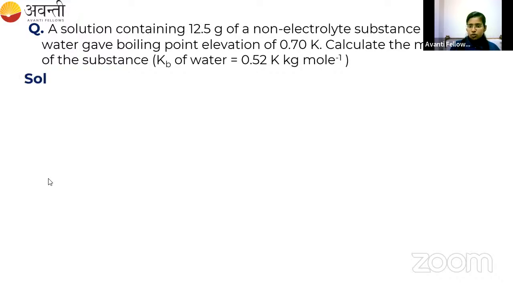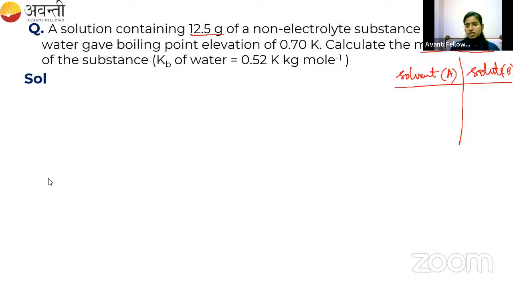We have to find out the molar mass of the substance. So we have two components. One is the solvent, which is A, and the other one is the solute, which is B. So what is the given information? A solution containing 12.5 gram of a non-electrolyte substance.